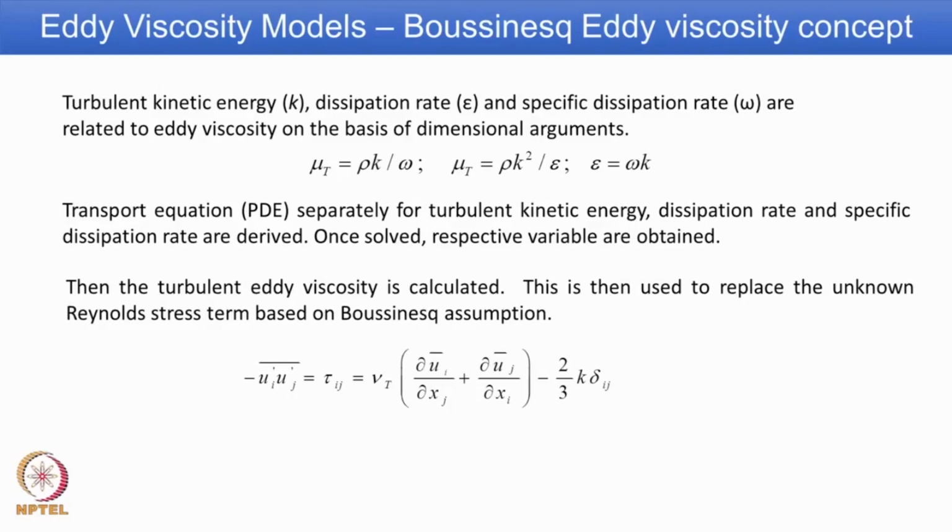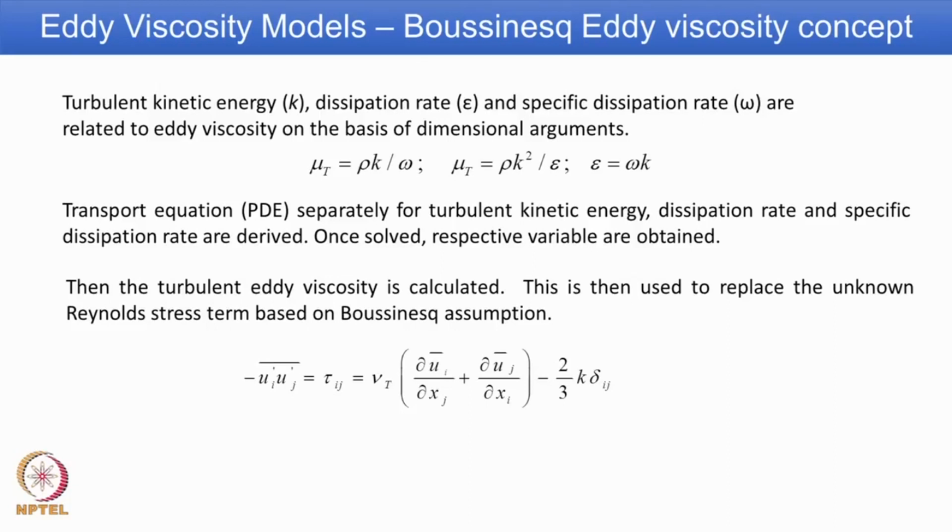It is equal to tau ij, or in some sense you can use Rij, equal to mu t multiplying dou ui by dou xj, which is a velocity gradient, plus dou uj by dou xi, which is also a velocity gradient, and this is based on the mean velocity, minus 2 by 3 k into delta ij. Delta ij is a Kronecker delta. We learned when i is equal to j, it will have value 1, and when i is not equal to j, it will have value 0.